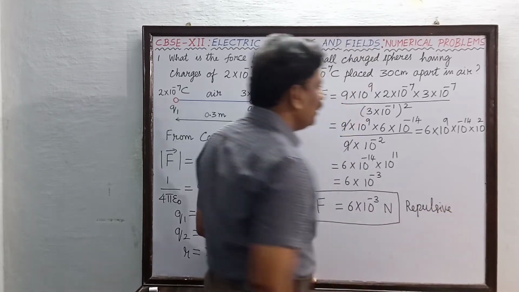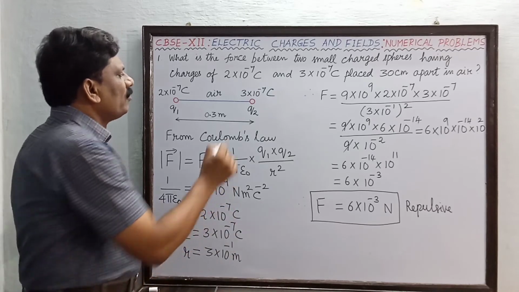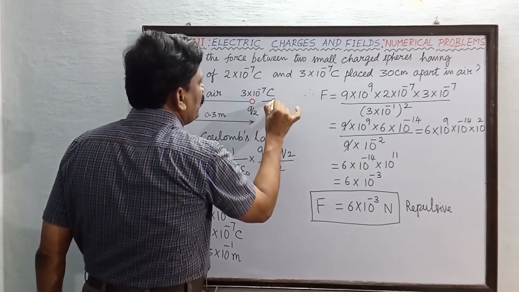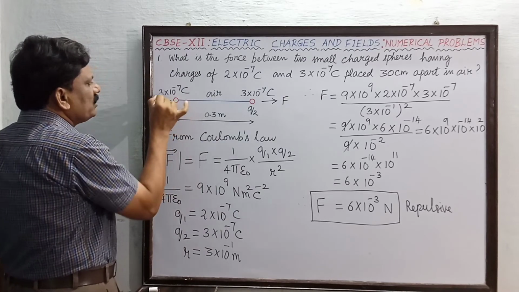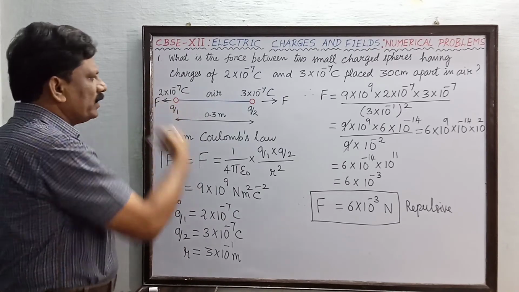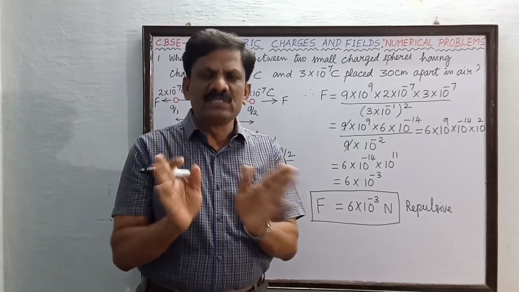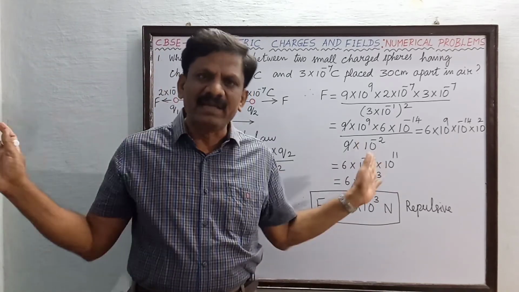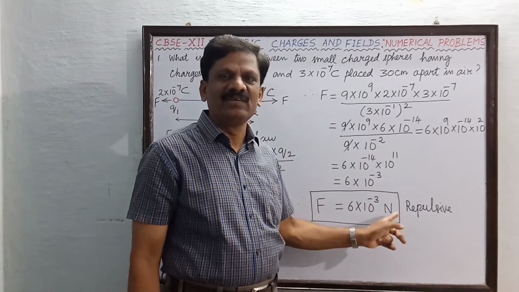So this is a repulsive force. This is a magnitude. So this positive charge will try to move outward with the force F, and this positive charge also will move towards the left with the same force. So equal force but opposite direction. They are being repelled away from each other. Have you understood? I hope you must have understood well. Fine.